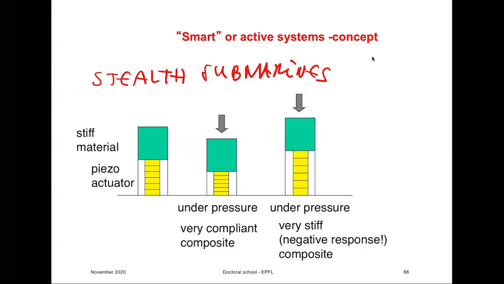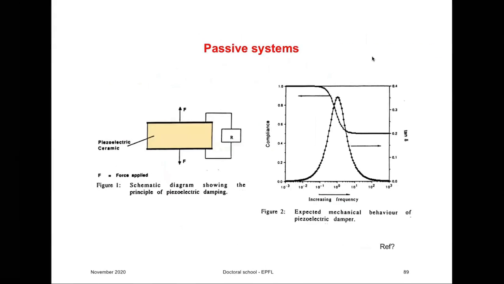Or it can expand in a case that you want a stiffer wall, for example, if you go to some pressure and so on. So in principle, this works. There is a way to make passive damping with piezoelectric materials. So imagine that you have a piezoelectric material on which you apply a force, and this is some kind of vibration, and the piezoelectric material starts vibrating.